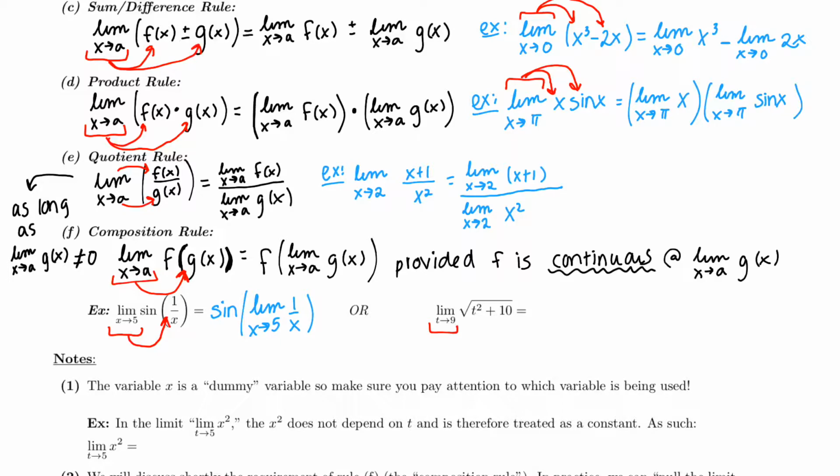Same thing here. You can move this to the inside of the square root function. So you have the square root of the limit as t approaches 9 of t squared plus 10.